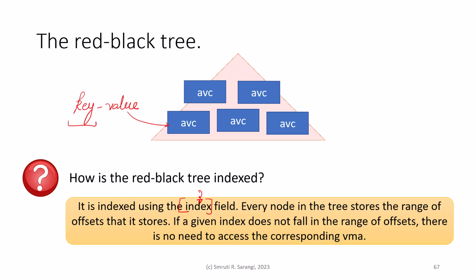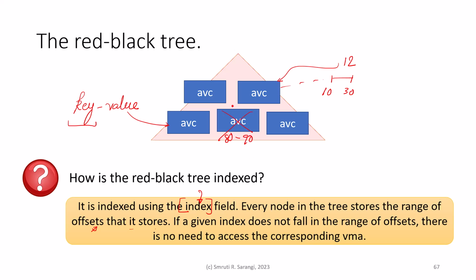And every node stores the range of offsets that it stores. Think of it as an index range. If the index is, let's say, 12, and this AVC over here corresponds to 10 to 30, then you know that 12 should be presented to it. But if some other AVC stores another range, let's say 80 to 90, there is no point sending 12 here.